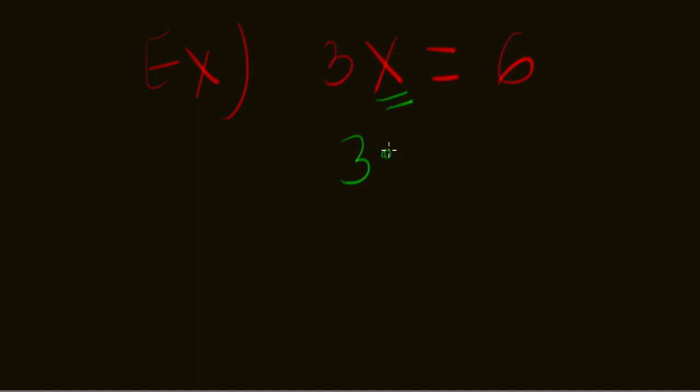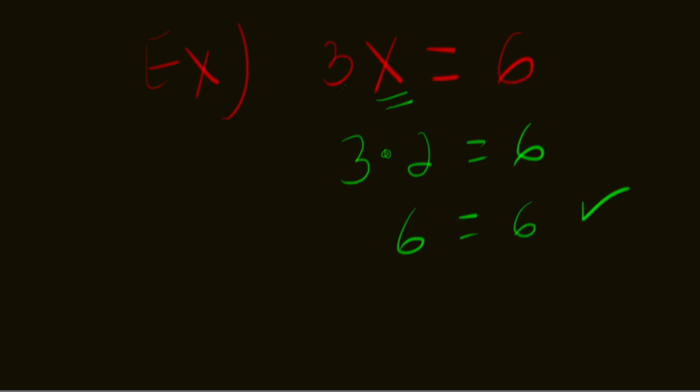So 3 times 2 equals 6. So both sides turn out to be equal. See, that's how you do multiplication. Just take whatever number the variable is, multiply it by the number in front of it, and you should get the answer on the other side of the equation.